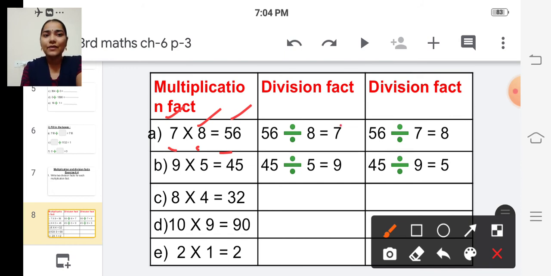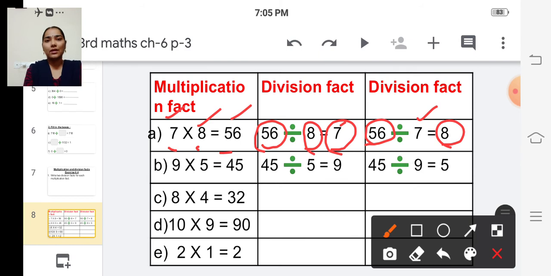So here, division fact. 56 chocolates can be divided equally among 8 children such that each child is having 7 chocolates. Like that we can say, or 56 chocolates can be divided equally among 7 children such that each child has 8 chocolates. Like that we can say, isn't it?